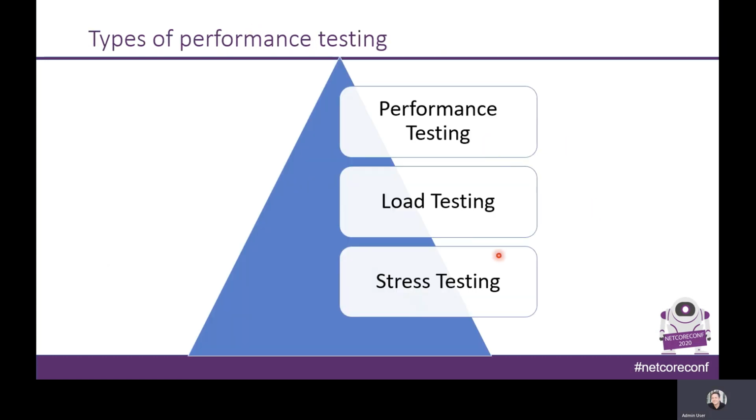Okay. So as we discussed, here is a short diagram of the types of performance testing that can be incorporated and are considered in real scenarios. Like the first one is performance testing, load testing, and stress testing. There are a lot of testings involved in the development and testing phases that are followed by different organizations and from different perspectives.